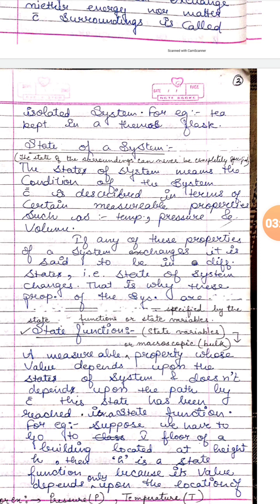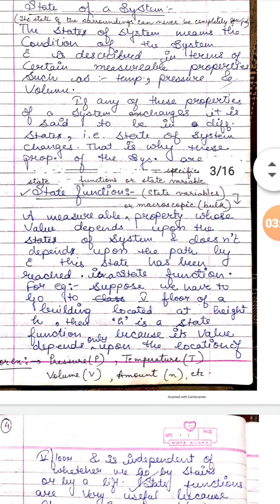If any of these properties of a system changes, it is said to be in a different state. That is, state of system changes. That is why these properties of the system are specified by the state functions or state variables. Hence, the next term to discuss is state function or state variables.